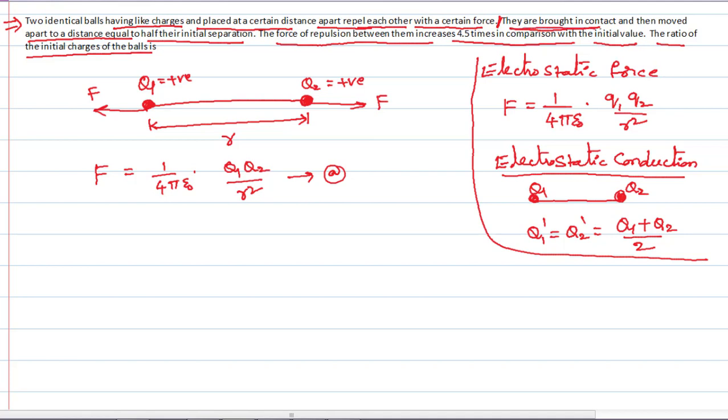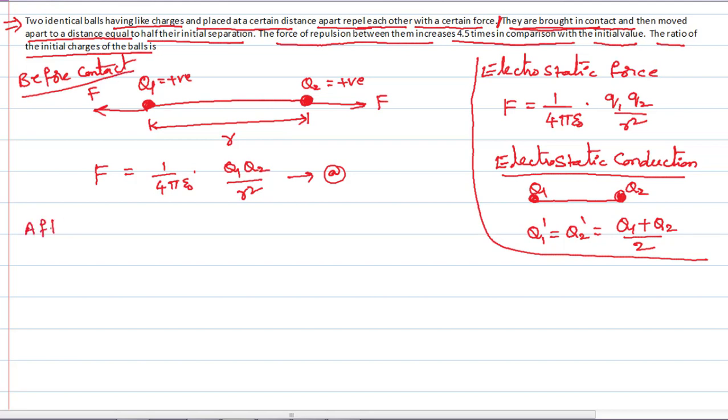Next, they are brought in contact. What we discussed till now is before contact.